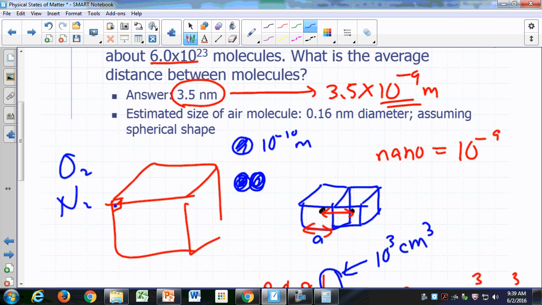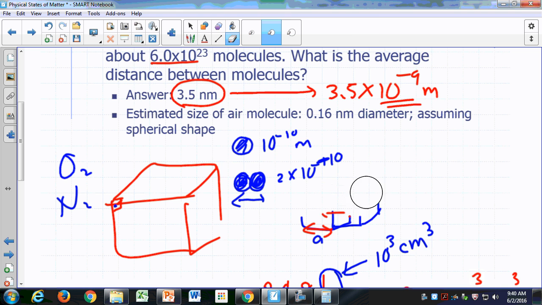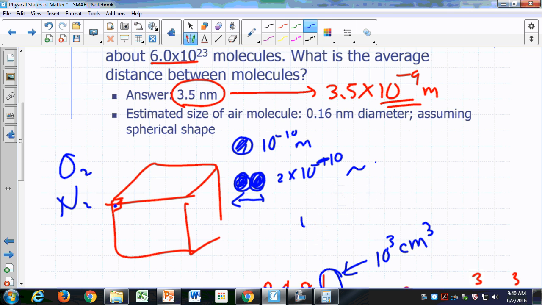So you have a pair of those, so you're looking at about 2 times 10 to the negative 10 meters, or about 0.2 nanometers. If you were to estimate your air molecule as a sphere, it's about 0.16, 0.2 nanometers. That's a typical size of your molecule.